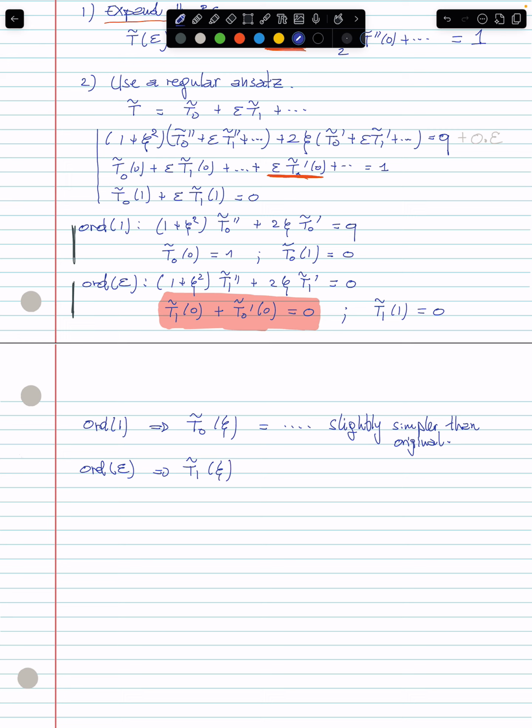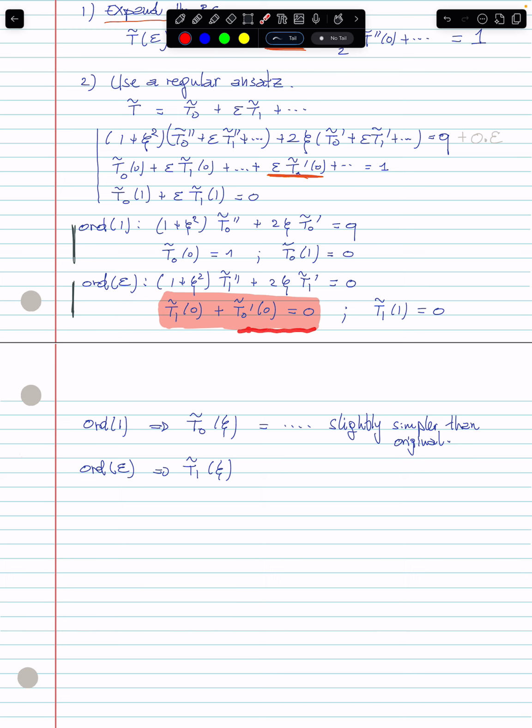We solve exactly the same equation again, which is now much simpler because we don't have any right-hand side. However, we have another boundary condition here, which is not much more complicated than what we had before. So that's also something we can compute.